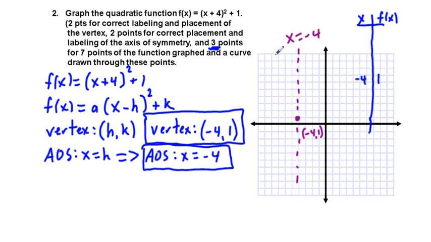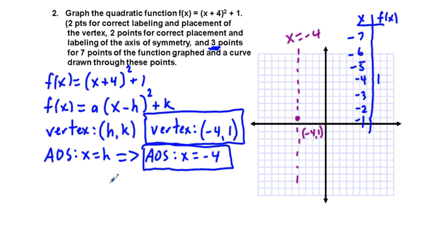Next, we look at the 3 next highest numbers from -4: -3, -2, and -1. Going the other direction, to the left side of our vertex, we have -5, -6, -7.